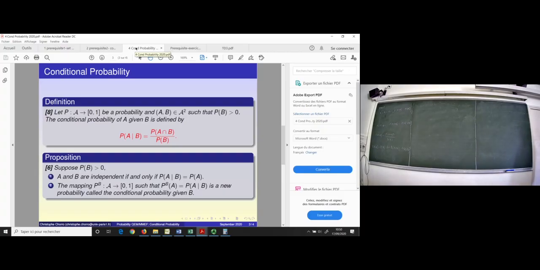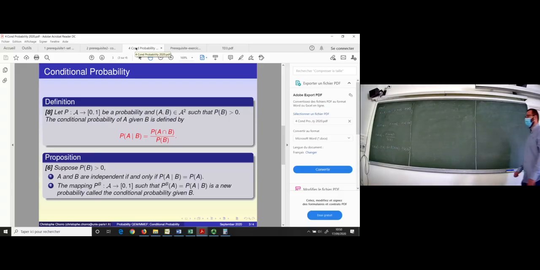Okay? So to prove the independence, you can come back to the definition, or from now on, compute the conditional probability and prove that it is equal to the probability of the set. Something that is purely equivalent.